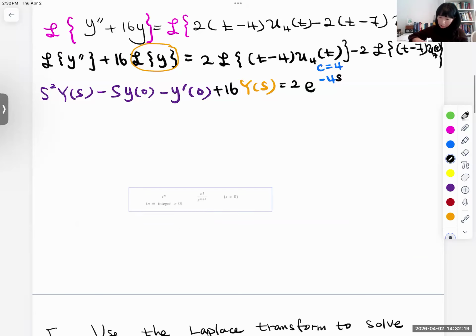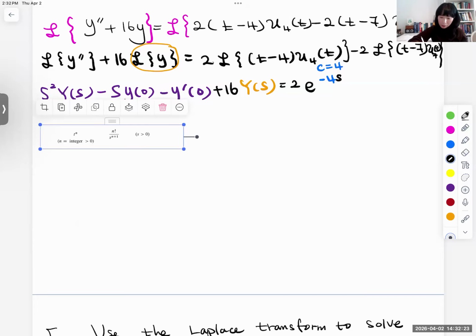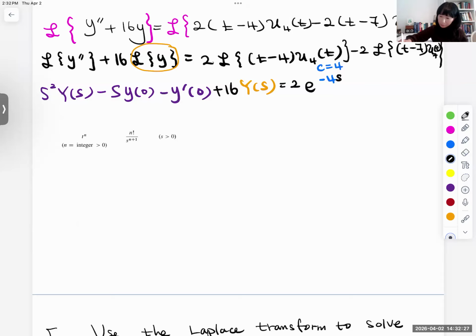So we did this one before, t to the n power. In the case n equal to 1, that will be 1 over s to the 1 plus 1, which is 1 over s squared.